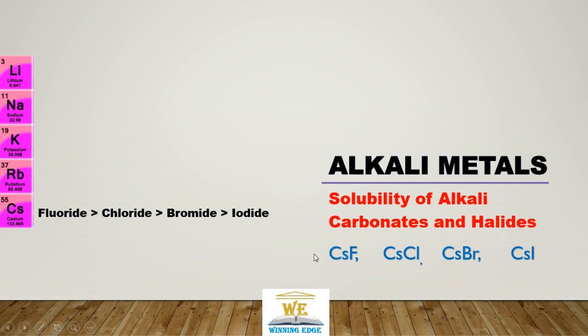So the hydration energy here compensates for the lattice enthalpy. That is the reason cesium fluoride has a little better solubility than cesium iodide, whose hydration energy is considerably smaller. The hydration enthalpy of cesium fluoride makes it a more soluble compound compared to cesium iodide.